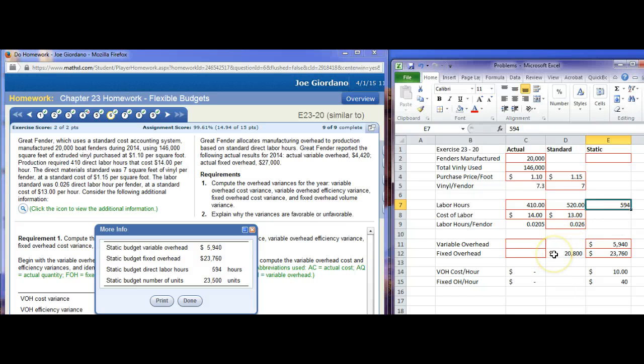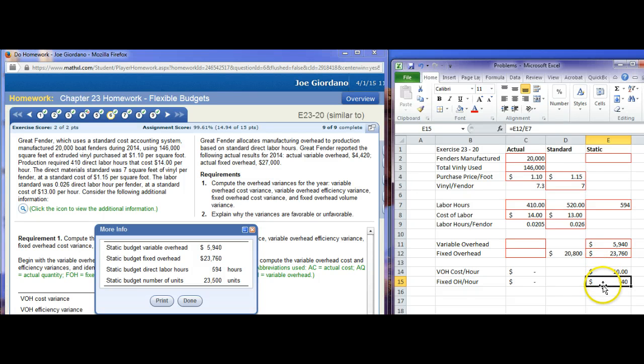Couple things changed here. And let's see, I plugged this in here. My variable overhead cost per hour became 10. How'd that happen? I took the $59.40 and divided it by my labor hours. And that gets me a cost. Here's my variable cost. There's my labor hours. You divide the two, you get $10. Same thing with the fixed. So here I figured out I take the $23,760 divided by my 594 planned hours, gives me $40.